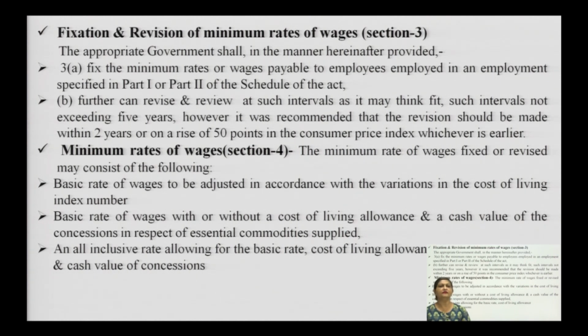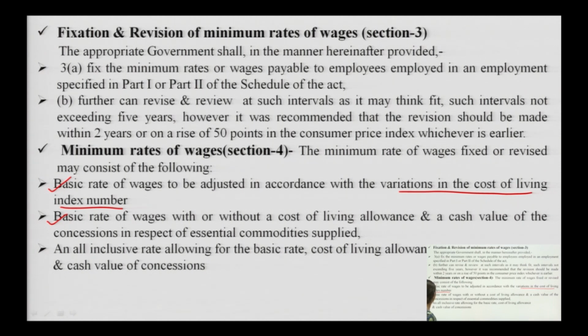Now, minimum rates of wages, section 4. The minimum rate of wages fixed or revised may consist of the following. A basic rate of wages to be adjusted in accordance with the variations in the cost of living index number. Then a basic rate of wages with or without a cost of living allowance and a cash value of concessions in respect of essential commodities supplied.